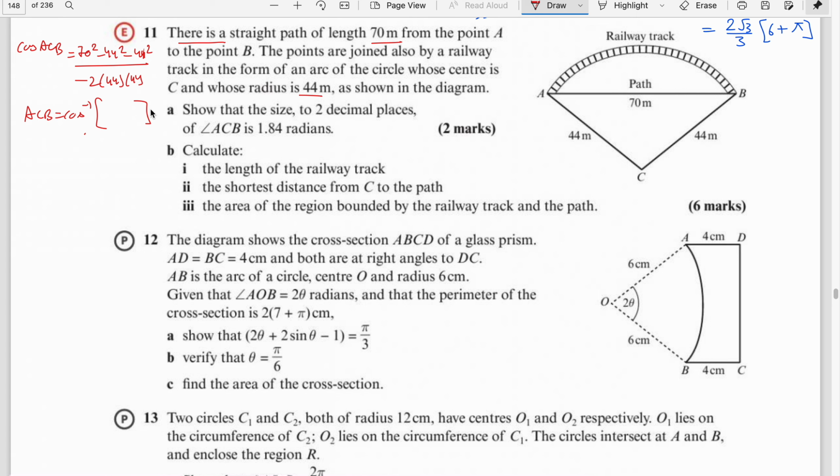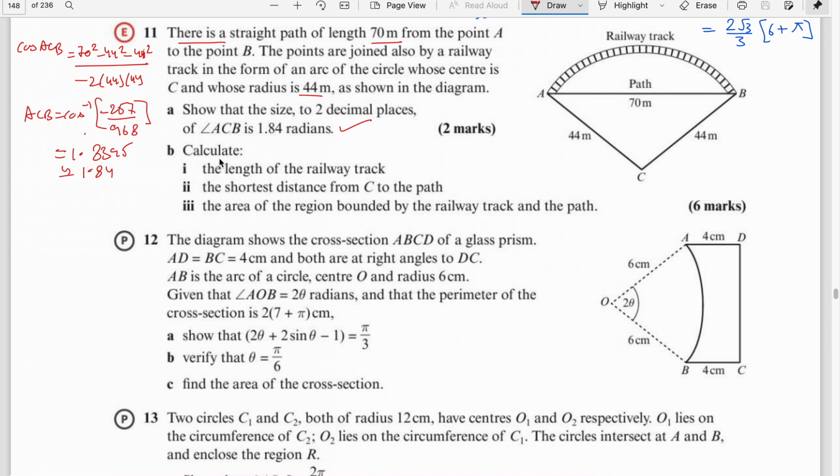So 70 squared minus 44 square minus 44 square by minus 2 into 44 into 44 is negative 257 by 968. Cos inverse of the answer is 1.8395, approximately equal to 1.84.